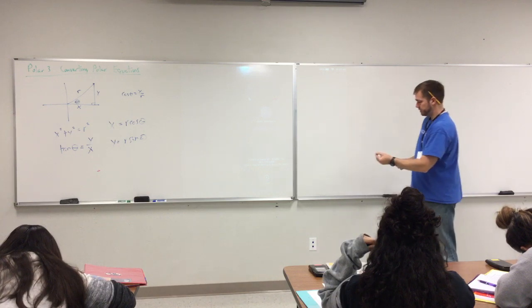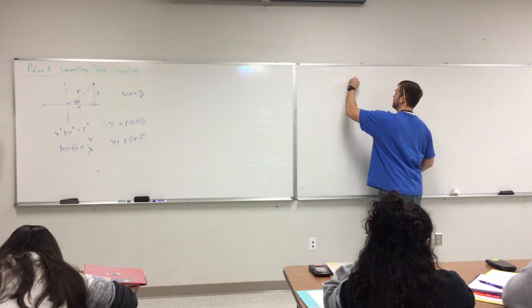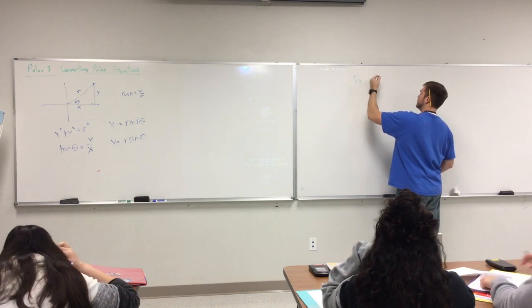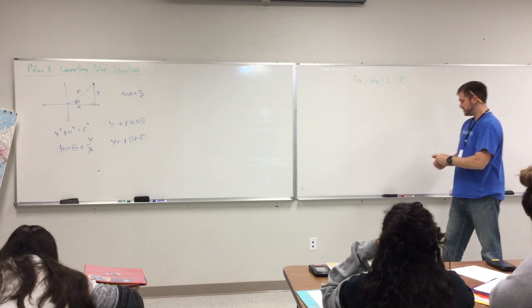Taylor, call it out to me if you don't mind. 5x minus 2y plus 2 equals 0.